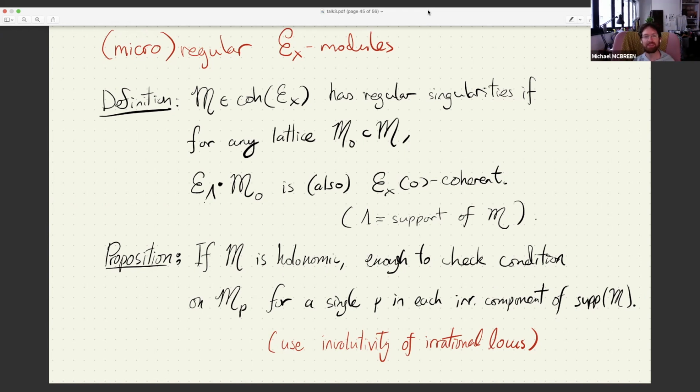Yeah, which again is just saying there's a locus on which the condition in the definition does not hold, and that locus is itself involutive, meaning coisotropic, more or less. And if you're holonomic, that locus is just a union of irreducible components of your support.